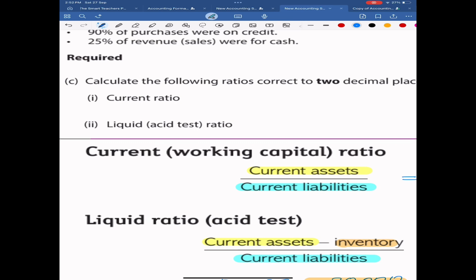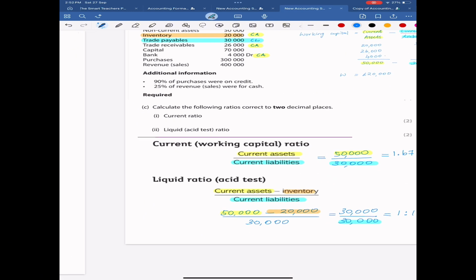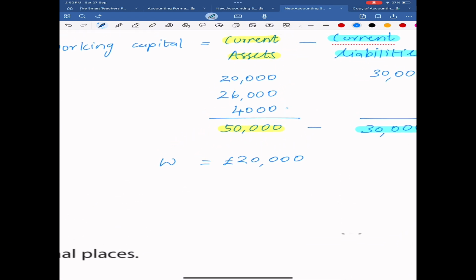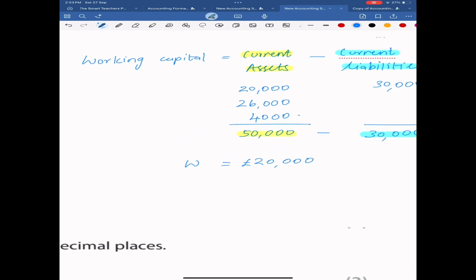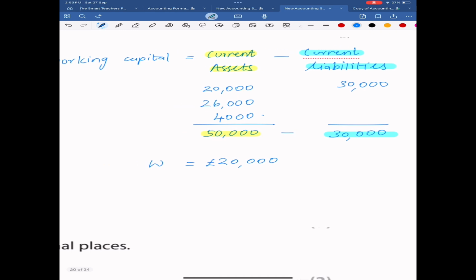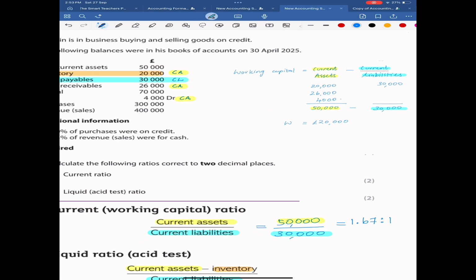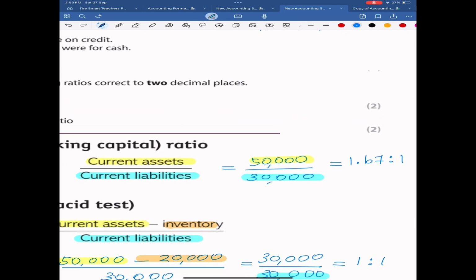Now, let's calculate the current ratio or working capital ratio. I'm taking the same workings that we had done for the previous section. We have current assets worth 50,000 and we have current liabilities worth 30,000. By calculating this, you find the answer, which is 1.67:1.